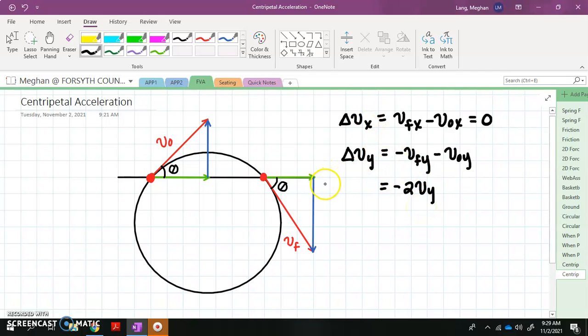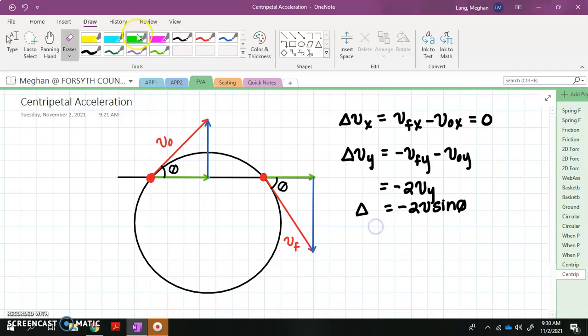The y components in both of these triangles, the blue, are opposite to the theta, and when they're opposite to the theta, I'm going to use the sine function. So delta y would then be equal to negative 2 v sine theta. All right, and I want to think about, oh, I didn't mean to put delta y.